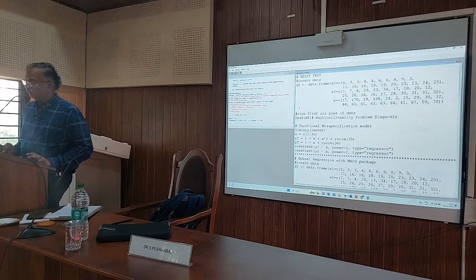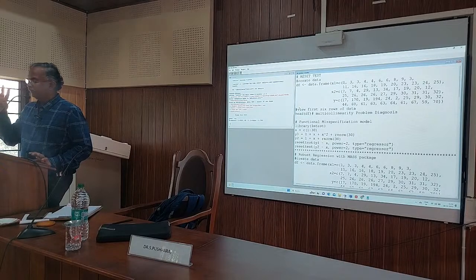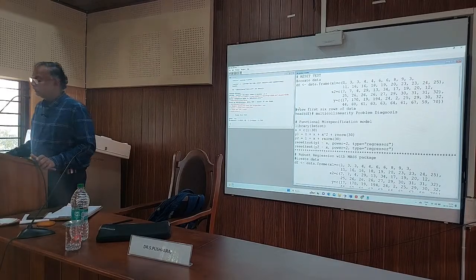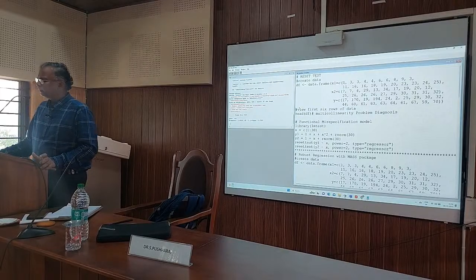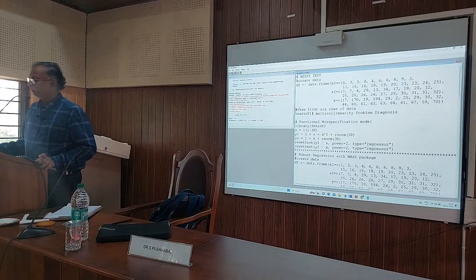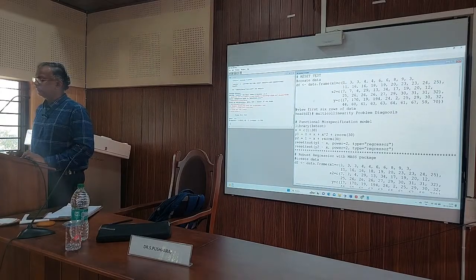A data frame is created with the help of three vectors: x1, x2, and y. Right? So these are the three vectors.